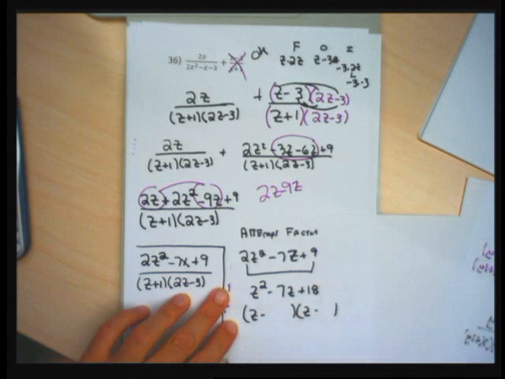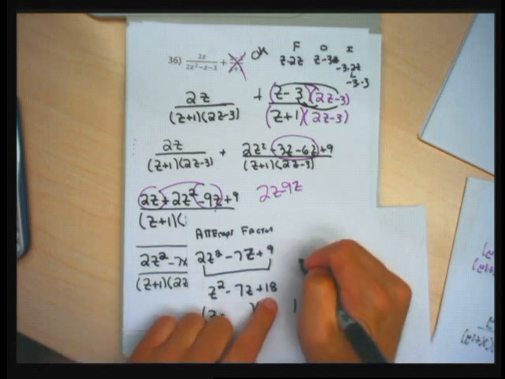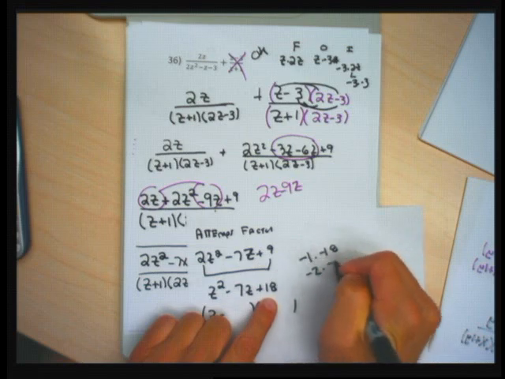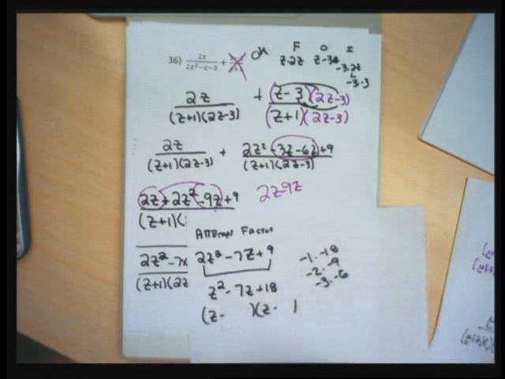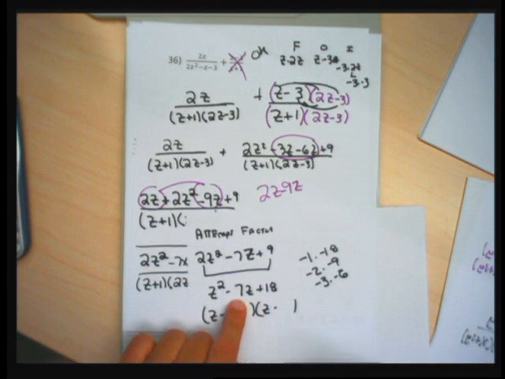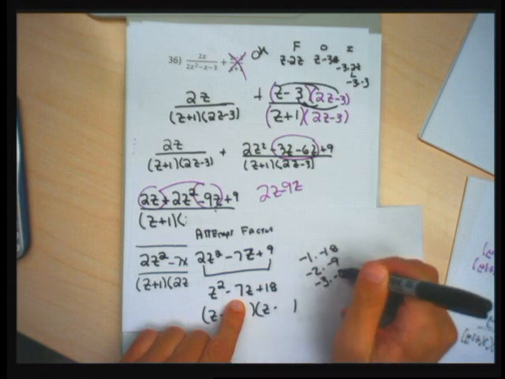I know that my signs have to be minus and minus, so that my lasts can only be minus 1 and minus 18, minus 2 and minus 9, or minus 3 and minus 6. I have to multiply to 18, but add to minus 7. 18 and 1 is 19, 2 and 9 is 11, 3 and 6 is 9.